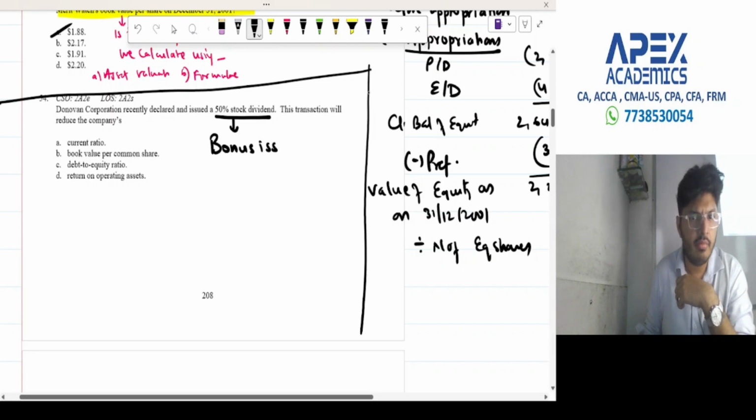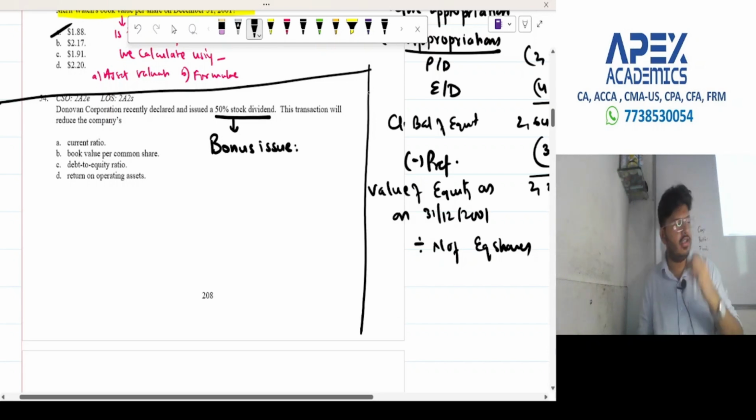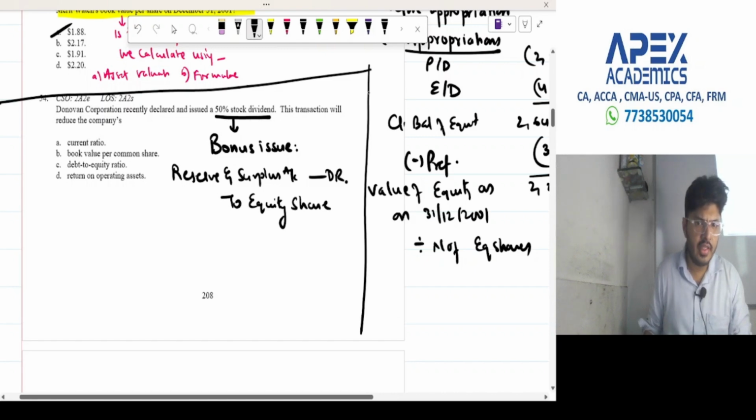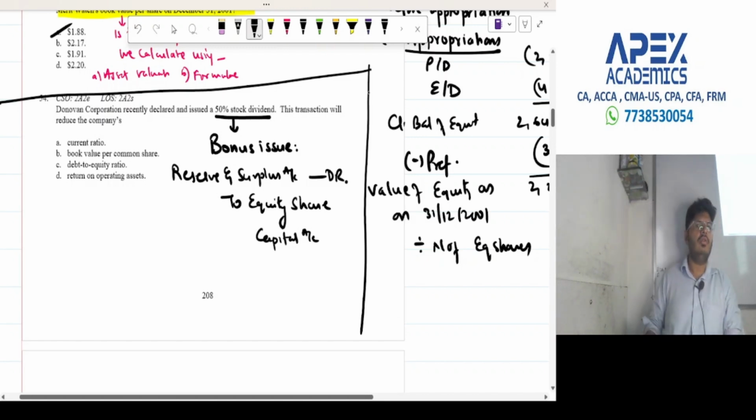They did a bonus issue. Sir, for bonus issue, now there is only one straight journal entry. What is the journal entry? Reserve and surplus account debit to equity share capital account. Right? Now they have not given us the amount.